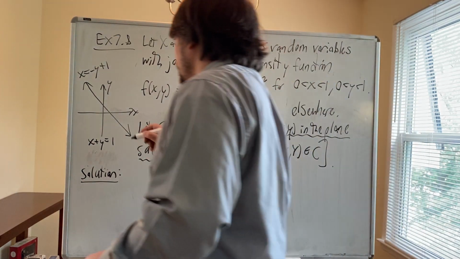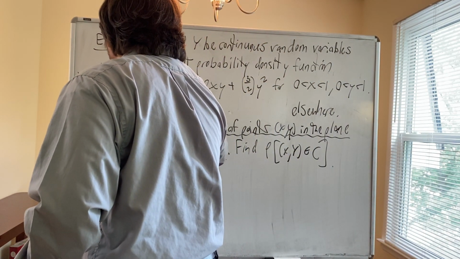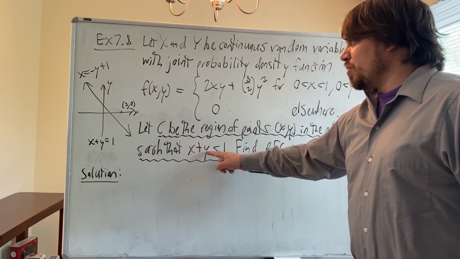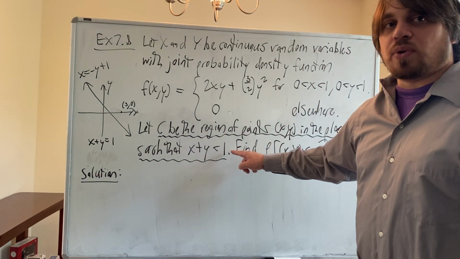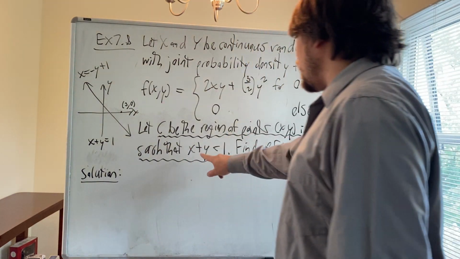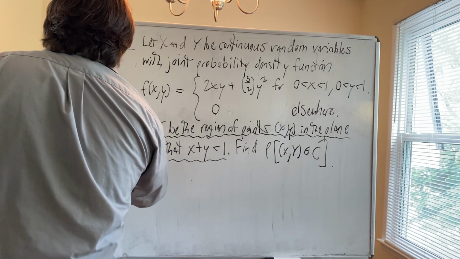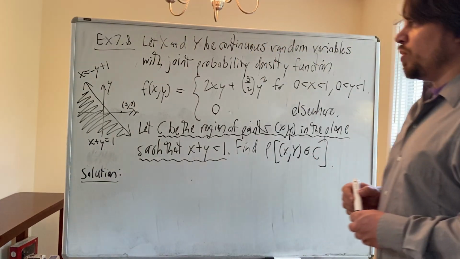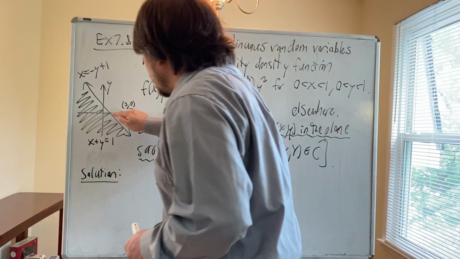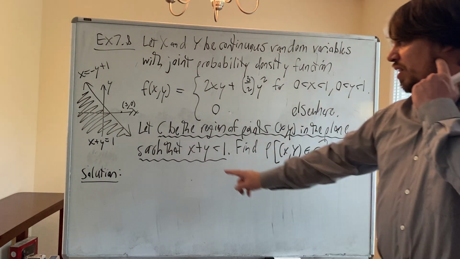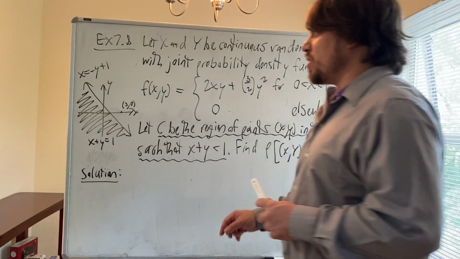When x is 3 and y is 0, x plus y is 3, and that's not less than 1. So this is the part that does not satisfy the inequality, and this is the part that does. Everything below this line, those are all the points that satisfy the inequality x plus y less than 1.